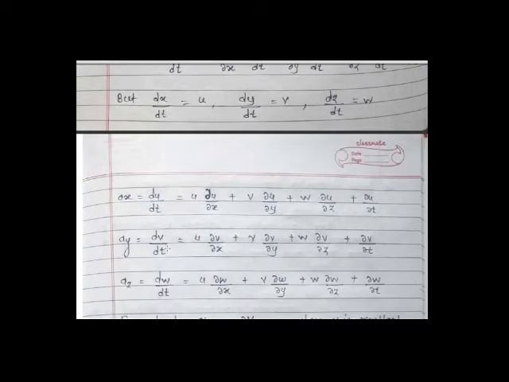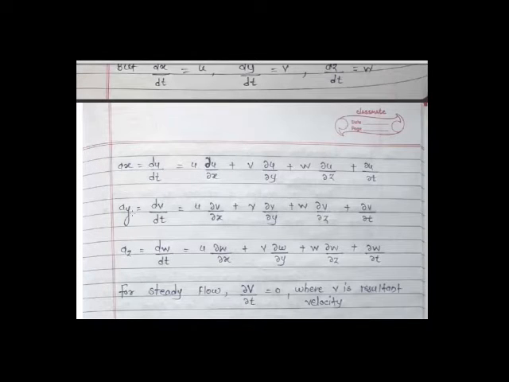Now the formula for ay, the acceleration in the y direction, is equal to dv by dt. Instead of u we have to write v, so the formula becomes u dou v by dou x plus v dou v by dou y plus w dou v by dou z plus dou v by dou t.